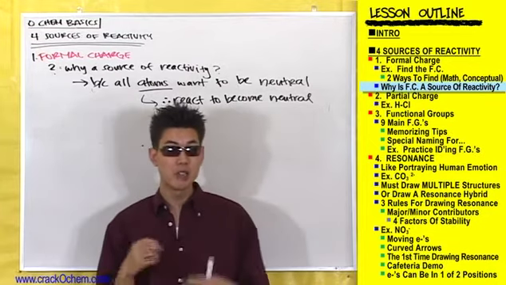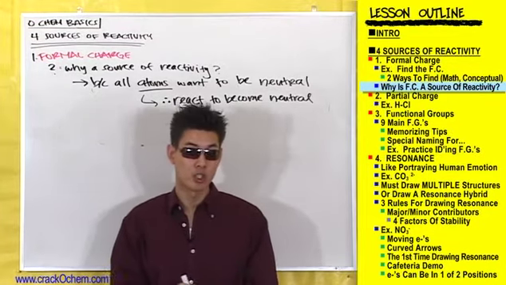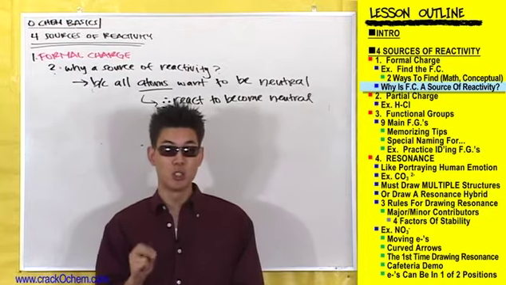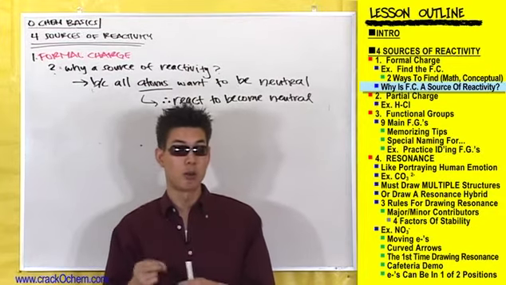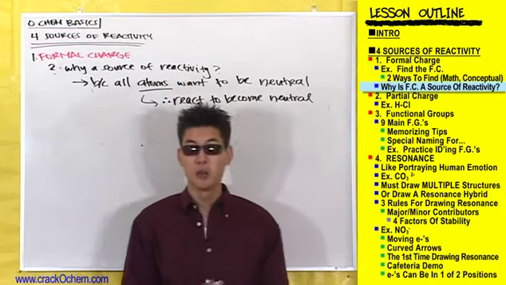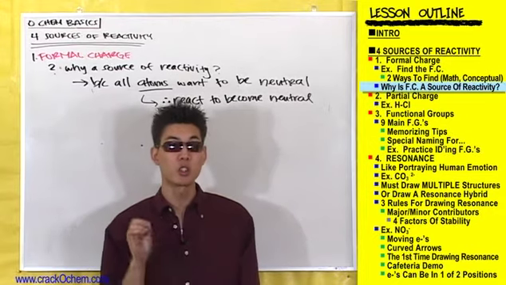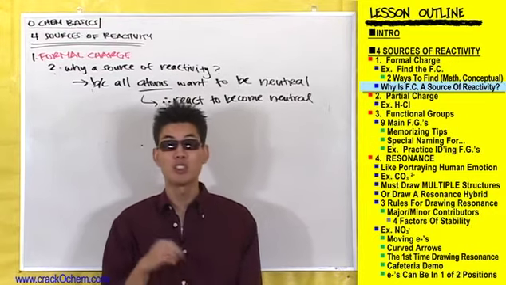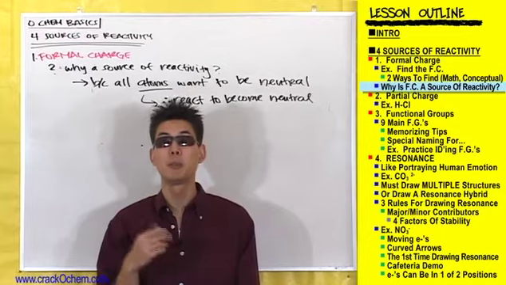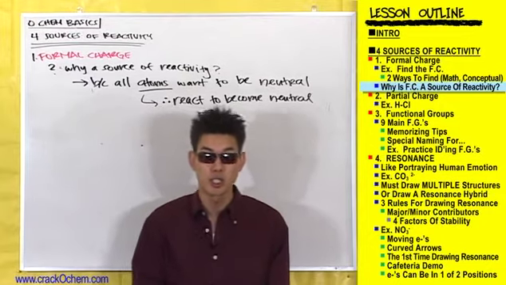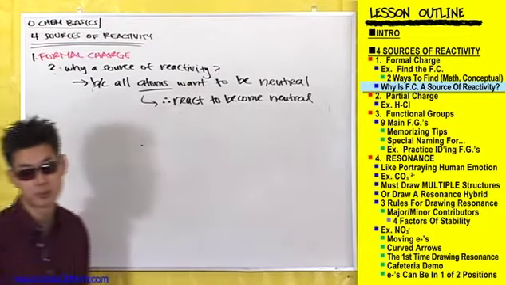But hey, if you don't see any full positive or full negative charges on atoms, the next best thing to look for is partial positive or partial negative charges on atoms. Because hey, partial charges are another great source of reactivity, and you'll see these everywhere when dealing with polar covalent compounds, okay? So hey, let's take a look at this.